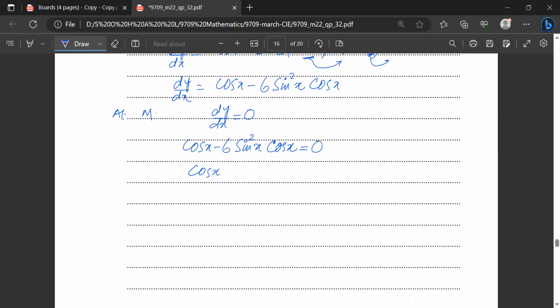Cos x is common. So cos x times 1 minus 6 sin squared x is equal to 0. So either cos x equals 0 or 1 minus 6 sin squared x is equal to 0.